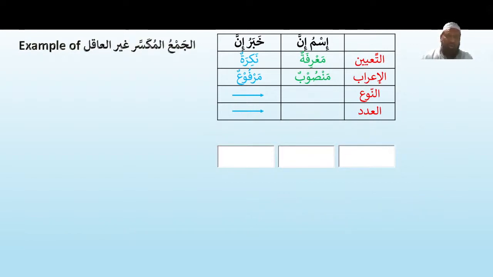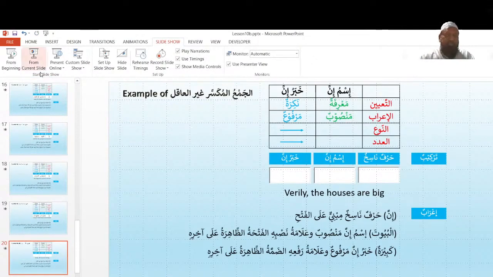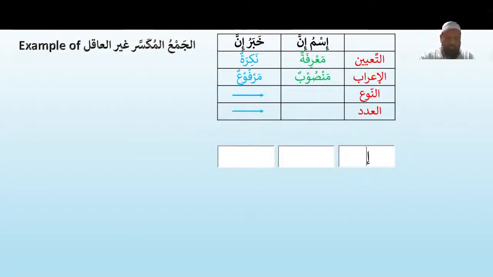Now, example, al-jamu al-muqassar غير العاقل. Verily, houses are big. We need inna. Because jama muqassar, we need غير عاقل. إن البيوت.